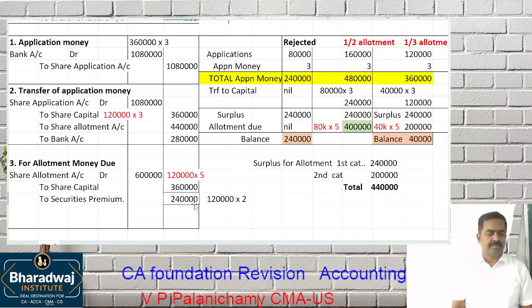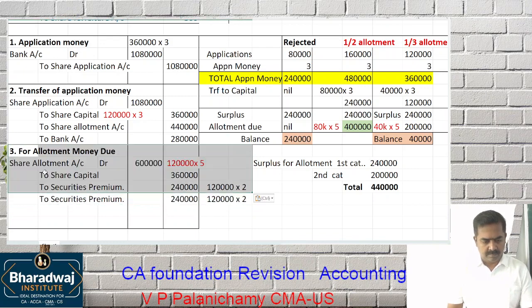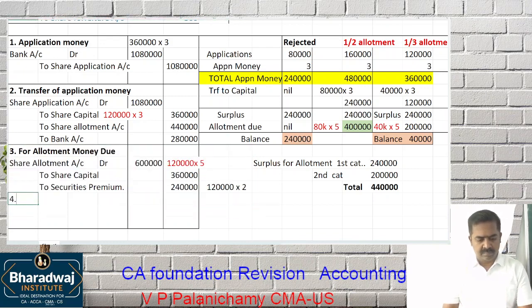Is there a default in allotment? No. Can you tell me what is the money received at the time of allotment?